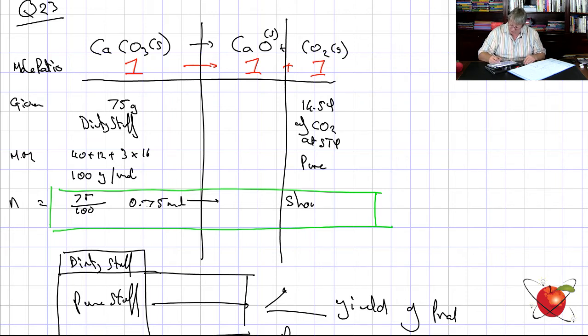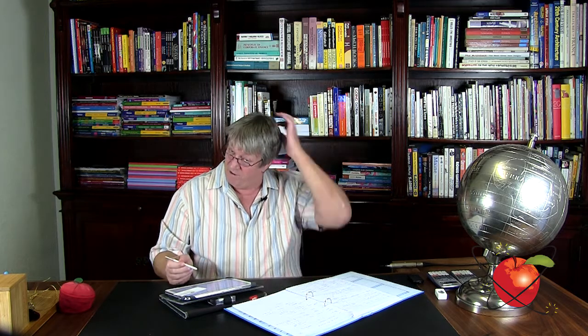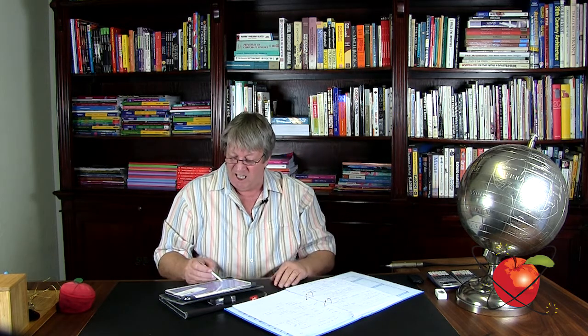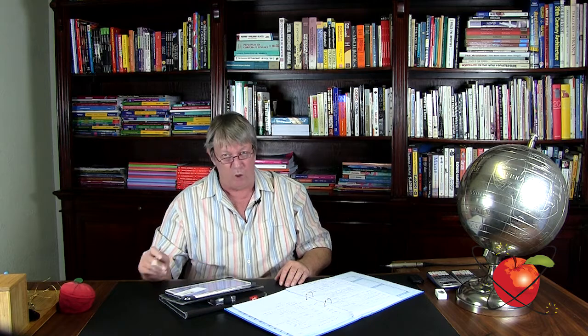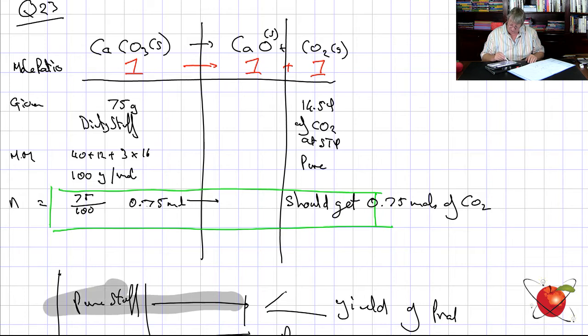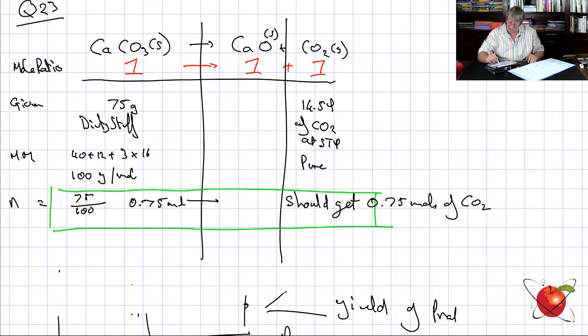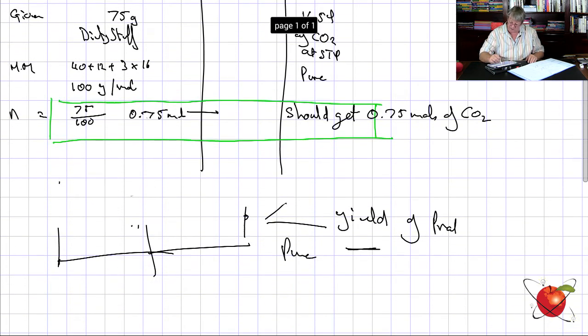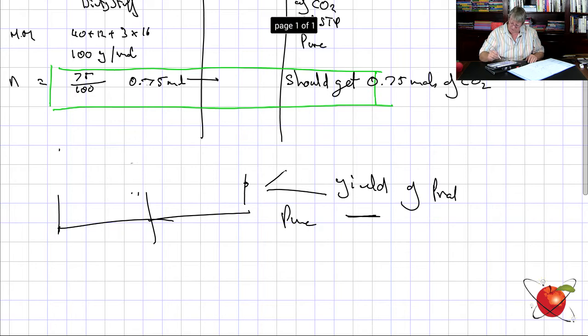Therefore, we should get 0.75 moles of CO2. If we've got 0.75 of that, we should have got that. In other words, we're saying if it was all pure. I'm just going to move this because it's now in my way. My apologies for getting rid of it, but we can always put it back just now.